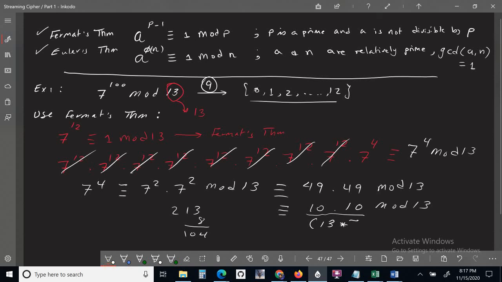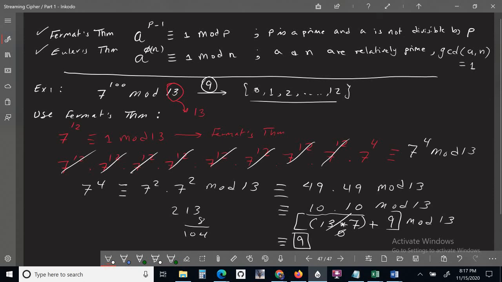So it's 13 times 7, which is 91, and the remainder is 9 mod 13. Obviously the multiple of 13 goes to 0 because 13 is the modulus, and the answer is 9.